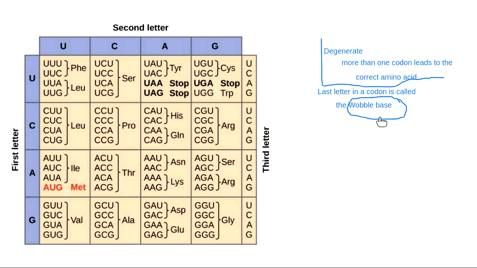So if I didn't have a degenerate code, you change one letter and you're screwed, basically. I'm for sure going to put in the wrong amino acid. So having a degenerate code is a good thing for me, because it increases the likelihood that I'm going to build the right proteins. If it was a one-shot deal where you absolutely had to get every base right every time, we're more likely to not be able to build the proteins that we want or that we need.